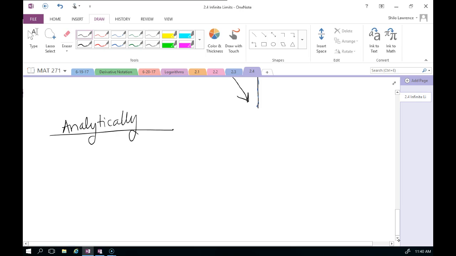So we said in section 3, every single limit problem that you are presented with, if you have the option, you should always try direct substitution first. Unless you are specifically told otherwise, always try direct substitution first.